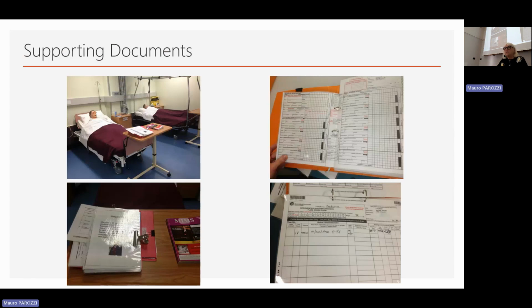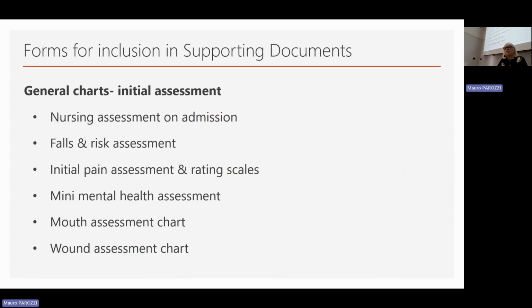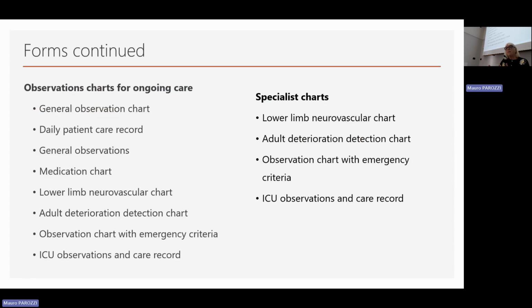Right? And those supporting documents are usually at the end, and they will depend on your context of care. So your particular hospital, kind of things like your nursing assessment on admission, whether or not you have a chart like that, your falls and risk assessment, your initial pain assessment, mini mental health, mouth assessment, wound assessment chart. So you have a folder there, and the person uses the forms that are relevant to that episode of care.